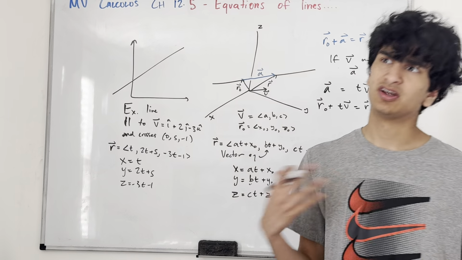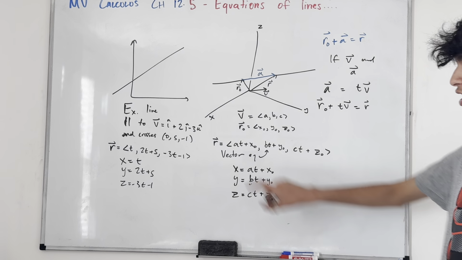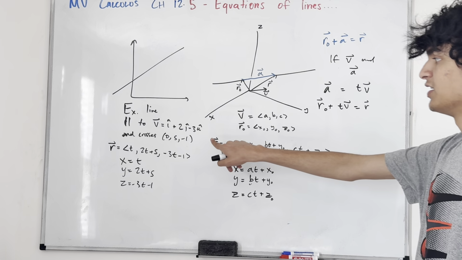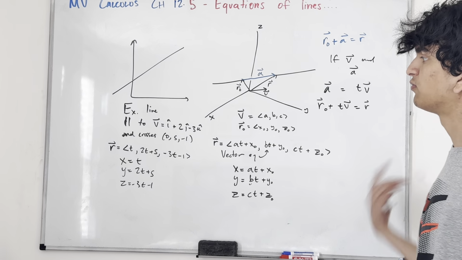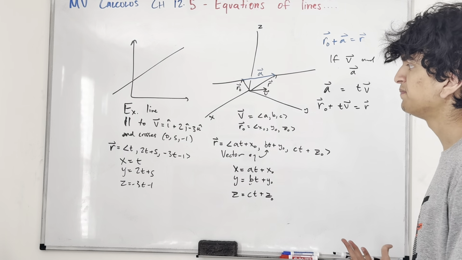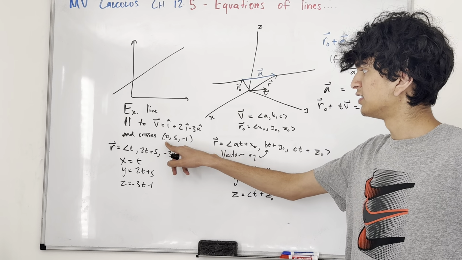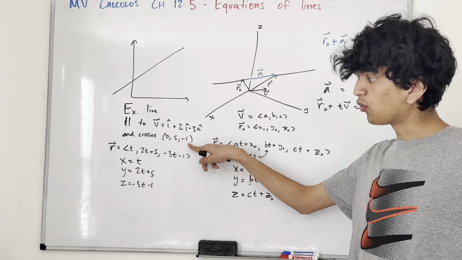And this is not the only equation of the line. There are actually infinite equations of a line, because even if I know the reference point is (0, 5, -1), I could say that at a certain time this will also cross (1, 7, -4).